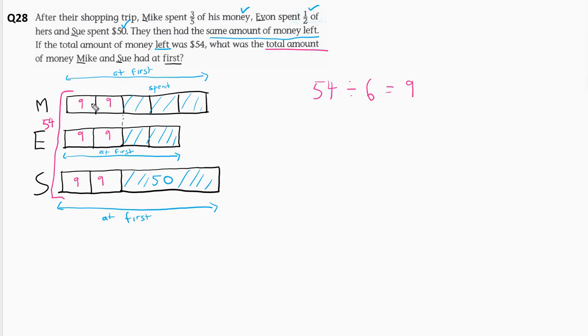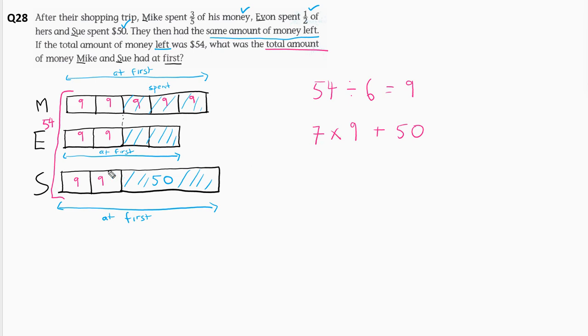Mike had 1, 2, 3, 4, 5 parts, and Sue had 2 parts plus $50. You could work out how much Mike had separately and then how much Sue had. But because I've got these, for the two of them together, I've got 1, 2, 3, 4, 5, 6, 7 parts, so 7 times 9, plus $50.